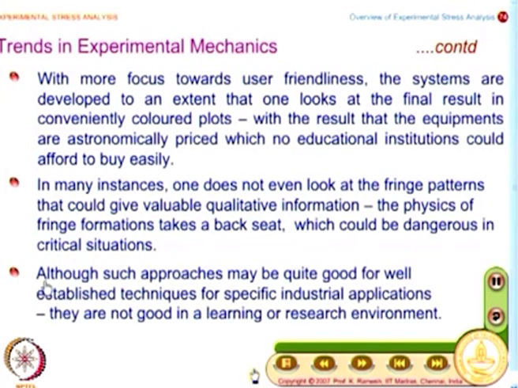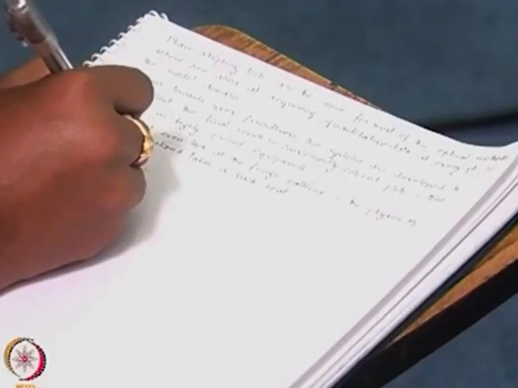And the caution here is, for well established techniques for specific industrial applications, particularly if you look at glass manufacturing, they employ photoelasticity, and when they employ photoelasticity, they have to control glass process parameters.